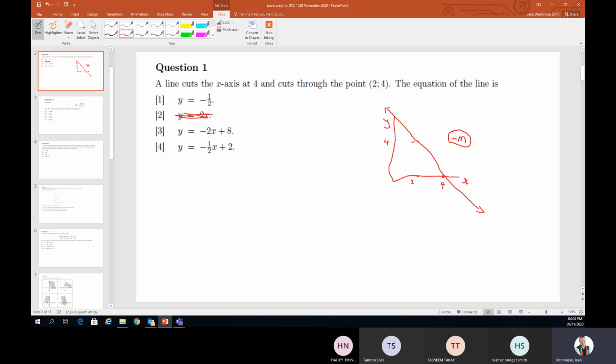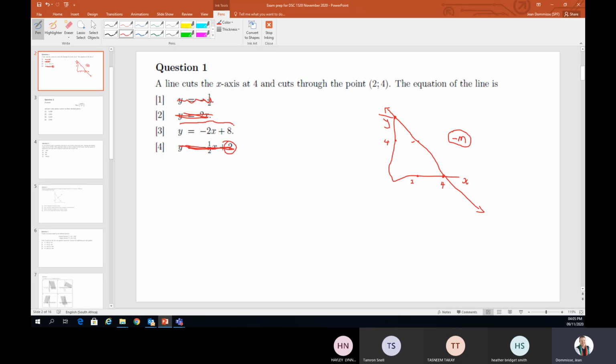If that is 4, that needs to be a bigger number than 4, so it can't be 2. It goes through something there, so that is also not because there's no x.